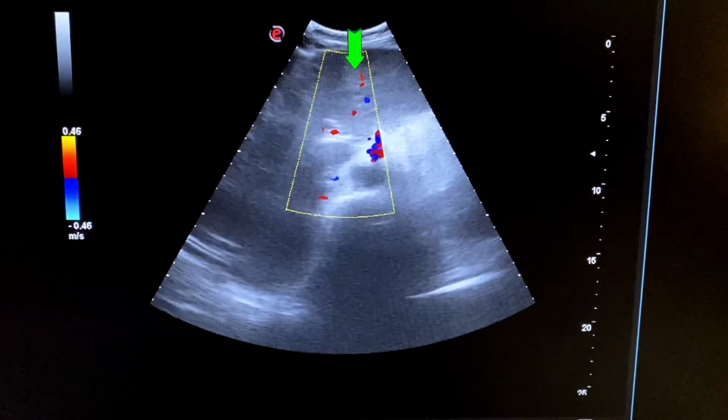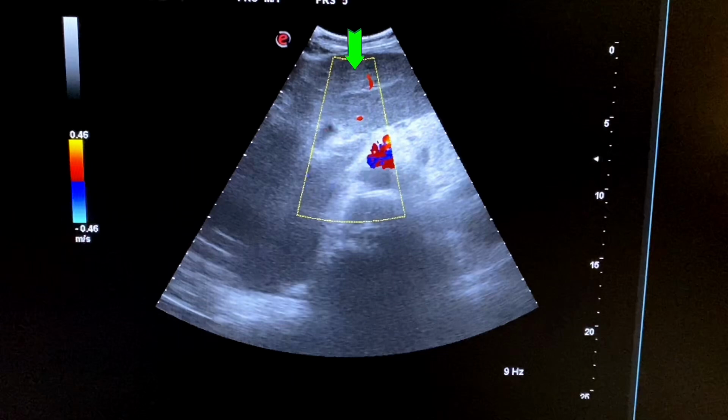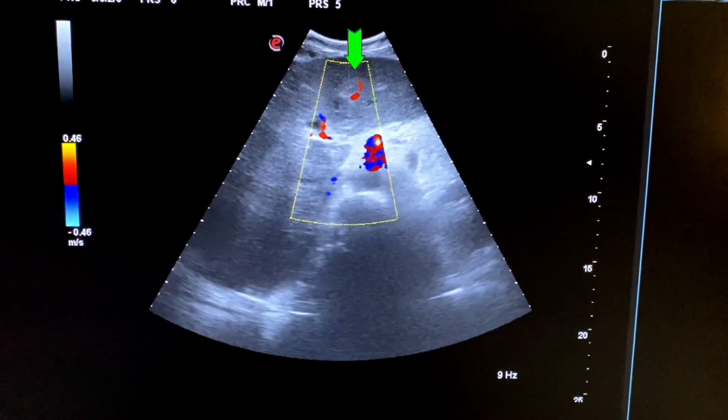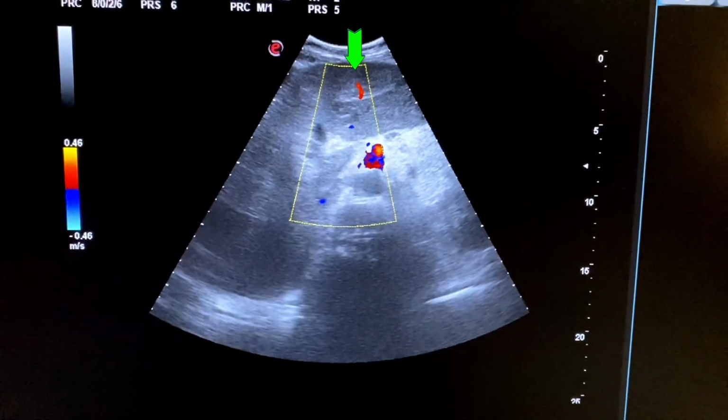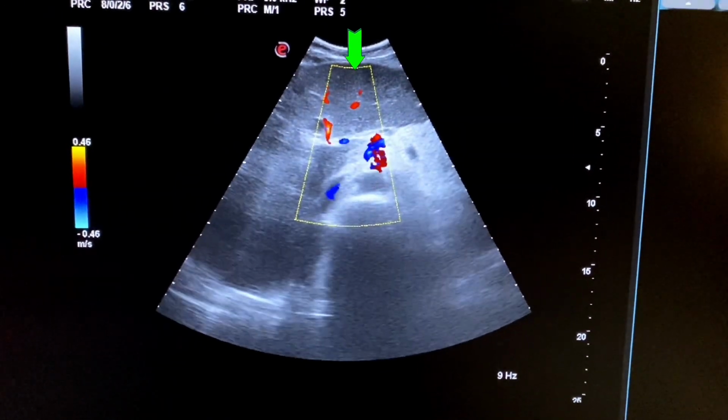Here we see a nodule, and on color Doppler we see no flow in the nodule, but peripheral flow is present.